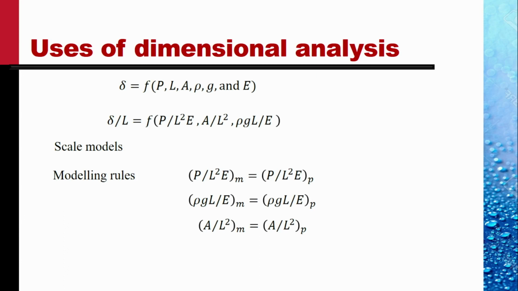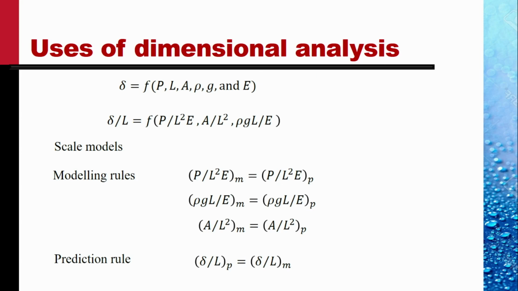So the reduction in the number of parameters that are required to be matched results in substantial convenience to the researcher. And once these 3 parameters have matching values in model and prototype, then the dependent parameter delta by L in the prototype would have the same value as in the model.